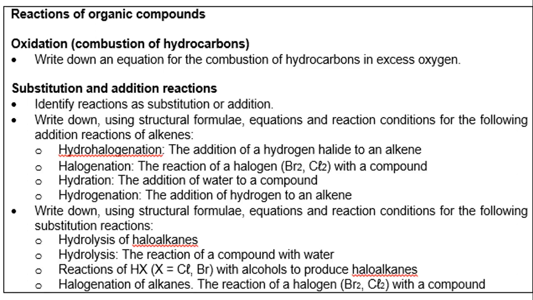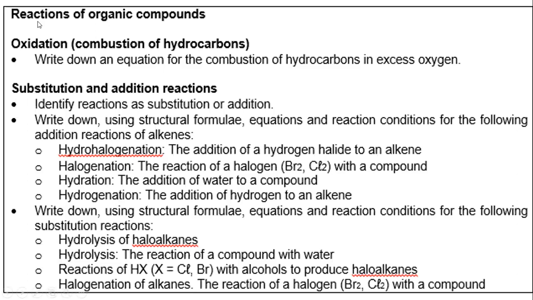So basically here, using various structural formulae, we must be able to write down a fully balanced equation for a chemical reaction that takes place, especially for our addition reactions, when molecules from the homologous series alkenes react.